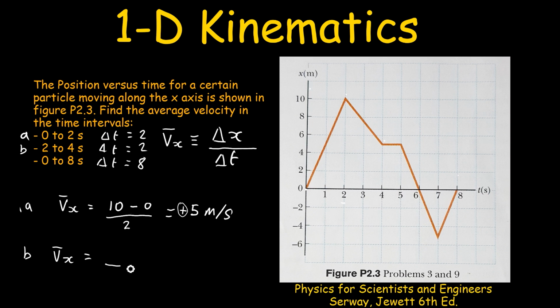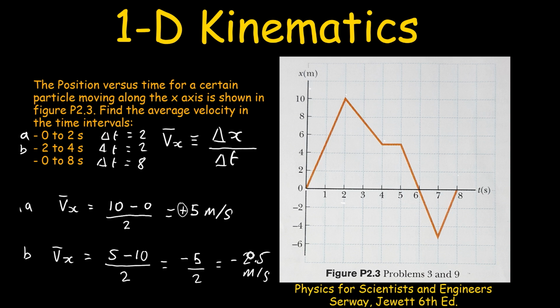So we've still got a delta t of 2, but our final position is smaller than our initial position up here. So our final position is 5 minus initial position 10, and this equals minus 5 over 2, or minus 2.5 meters per second.